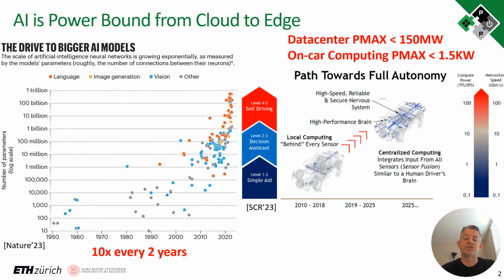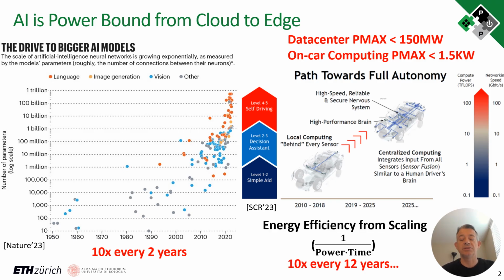Unfortunately, both the edge and the cloud are power bound, and so we need to increase the number of parameters and the number of floating point multiply and accumulate operations that we need to do with a constant power budget. Hence, we need to improve energy efficiency. On the other hand, the problem is that energy efficiency, due to technology scaling, is actually slowing down with time, with the difficulties of Moore's law.